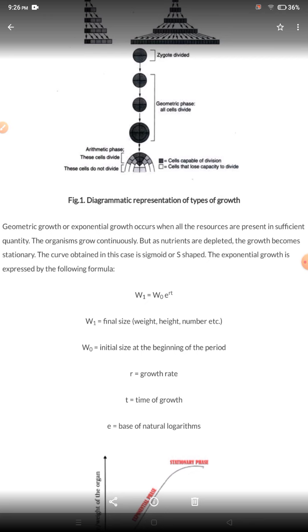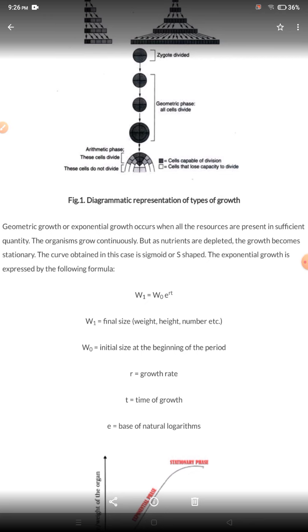Why does exponential growth, a rapid rise in growth, take place? Due to the presence of unlimited resources. Unlimited nutrient supply is there, so rapid growth takes place. Later on, nutrients become limited and then further growth slows down, leading to a stationary phase.